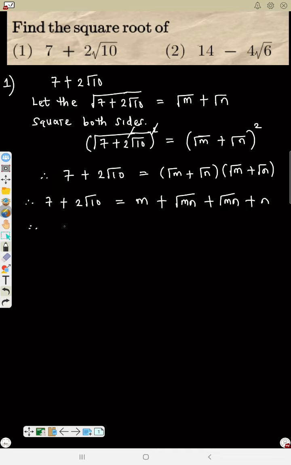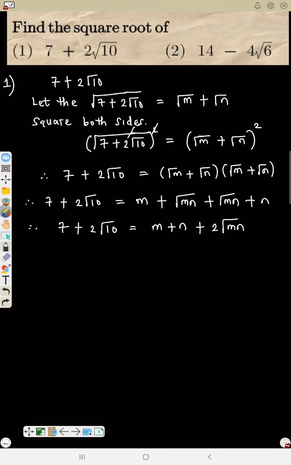So this is 7 plus 2 root 10 is equal to m plus n plus 2 root mn, that is m plus n, then 1 root mn plus 1 root mn, that is 2 root mn. So that means the question is now reduced to this.